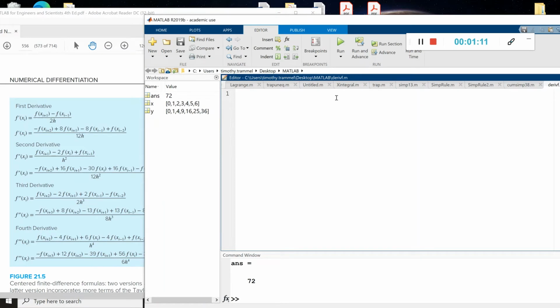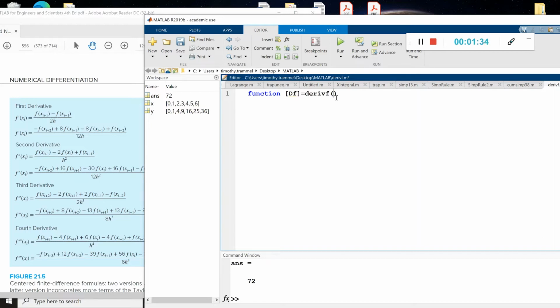Okay, now we are in MATLAB here, and let's get our function started. We're going to make the output capital D lowercase f is equal to deriv f, which will be the name of our function. You can see I already have this file named deriv f.